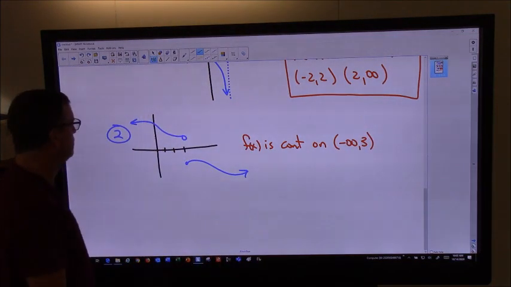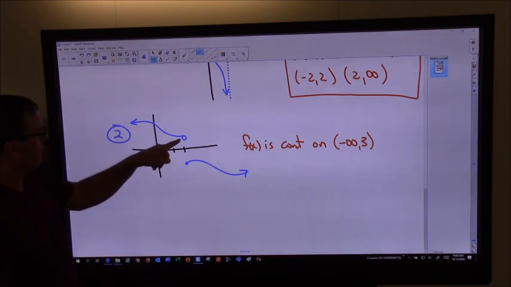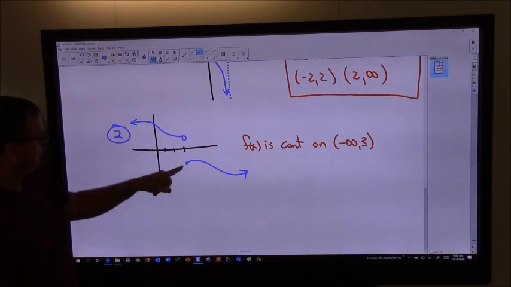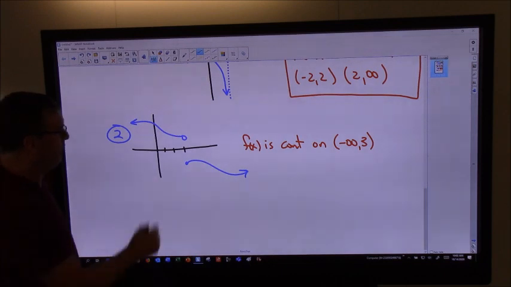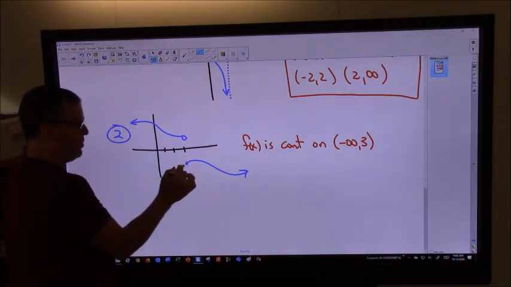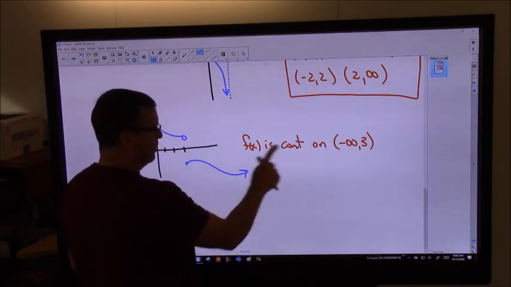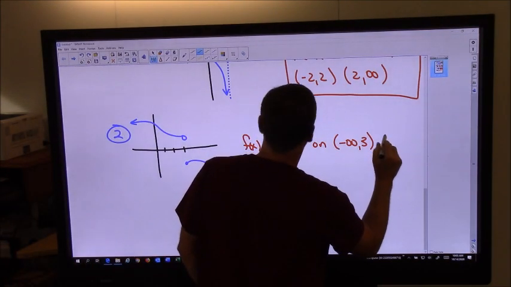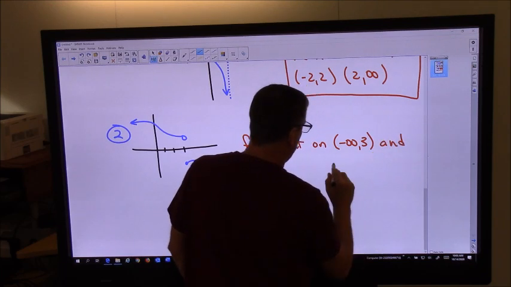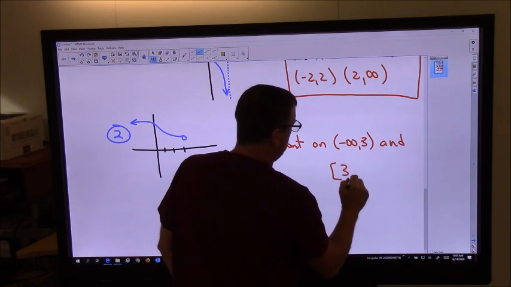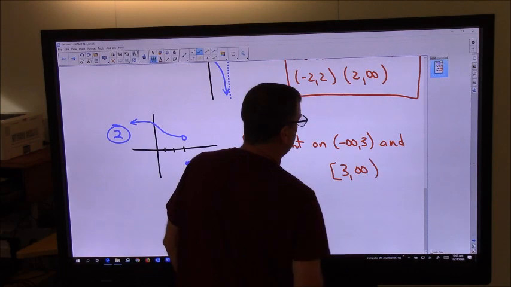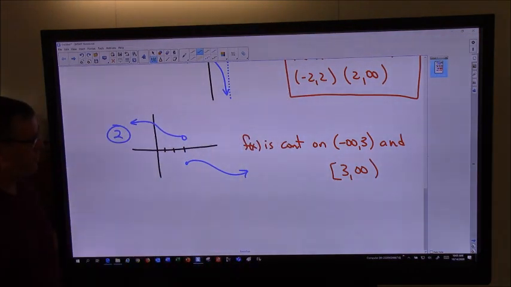Open circle, so I've got a parenthesis there. Here I have a solid dot, so on this part of the graph, I want to make sure I put a bracket where the 3 is. So from 3 on to positive infinity. So continuous on this interval and the interval from 3 to positive infinity. That's where this function is continuous.